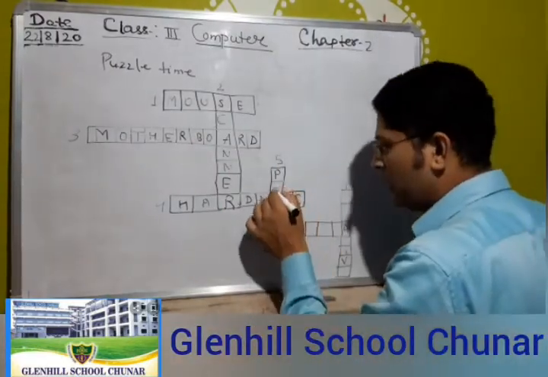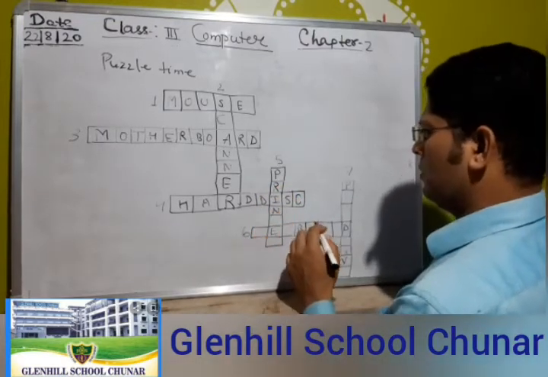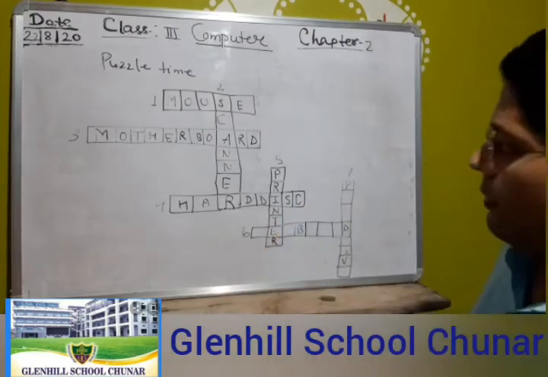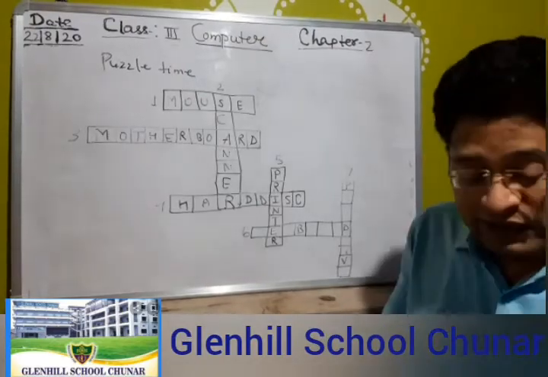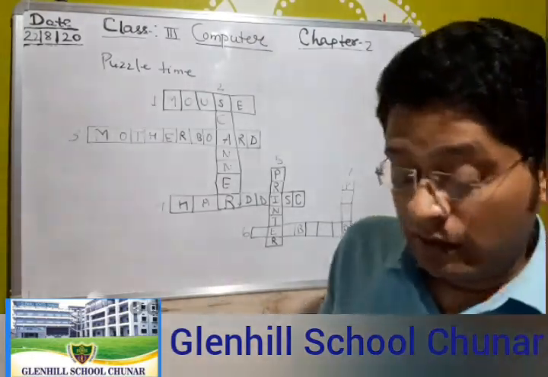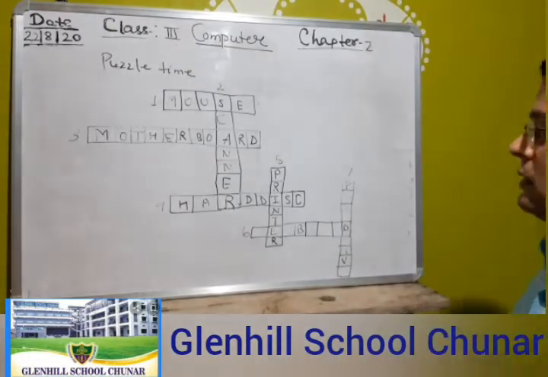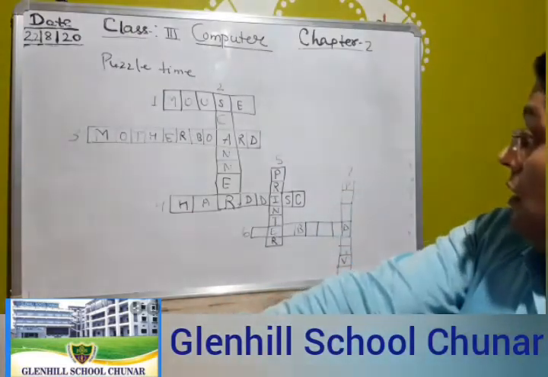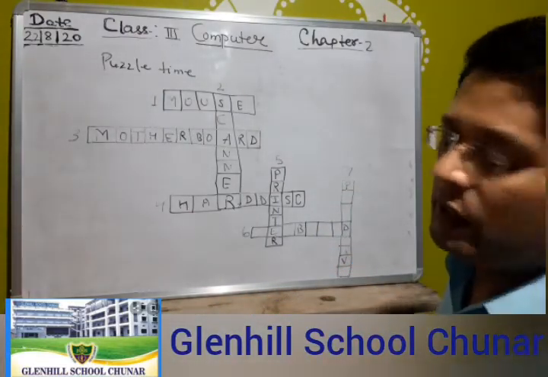So printer. Okay, printer gives us the hard copy, and which gives us the soft copy? Monitor. Okay, student? Yes. So hard copy is given by the printer and soft copy is given by the monitor.